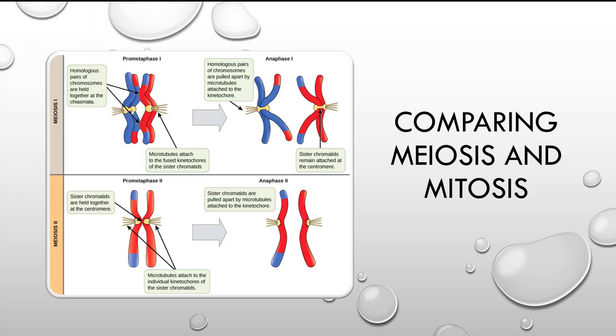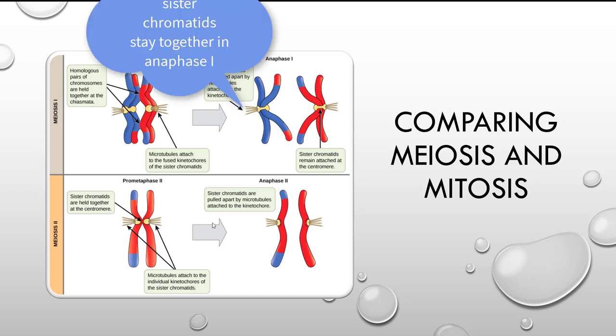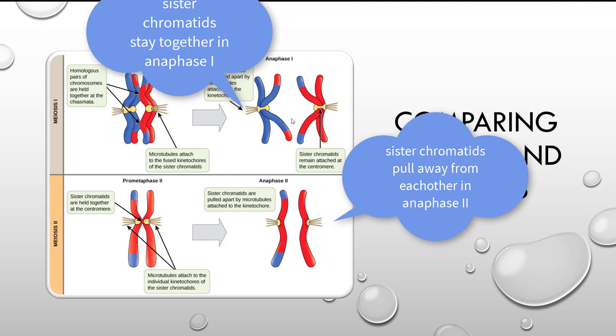So there's one difference between meiosis part 1 and meiosis part 2. And so in meiosis part 1, this holds the homologous chromosomes together. Okay. In meiosis part 2, we don't want them held together. Okay. And so that's one big difference.